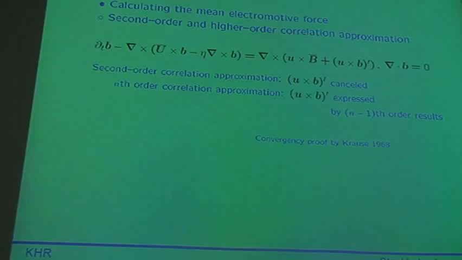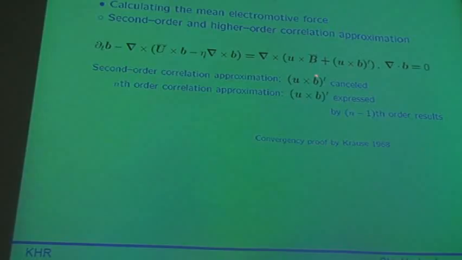I already explained to you the second order correlation approximation in the context of homogeneous isotropic turbulence. A bit more general, I have here included the mean velocity. You have to calculate u cross b from, with the help of this equation.